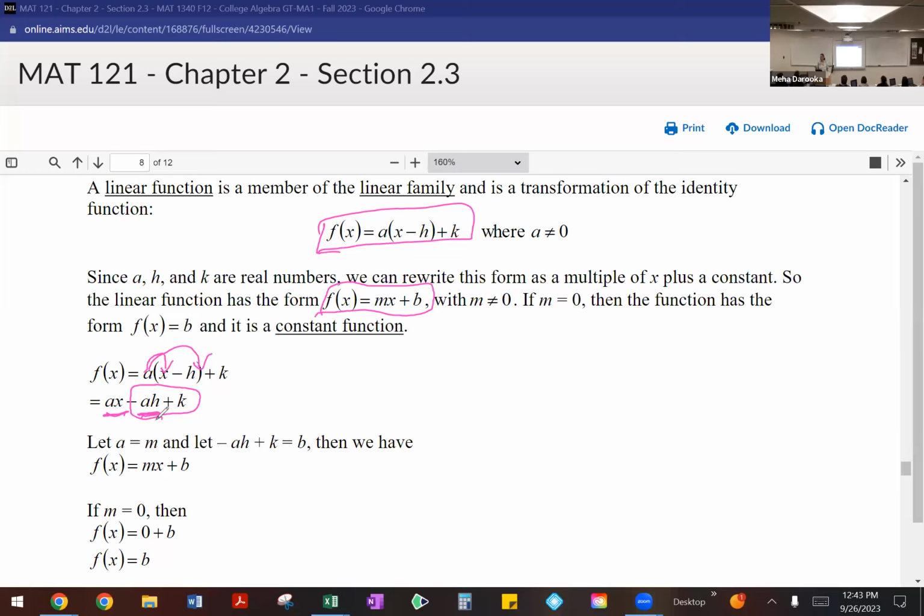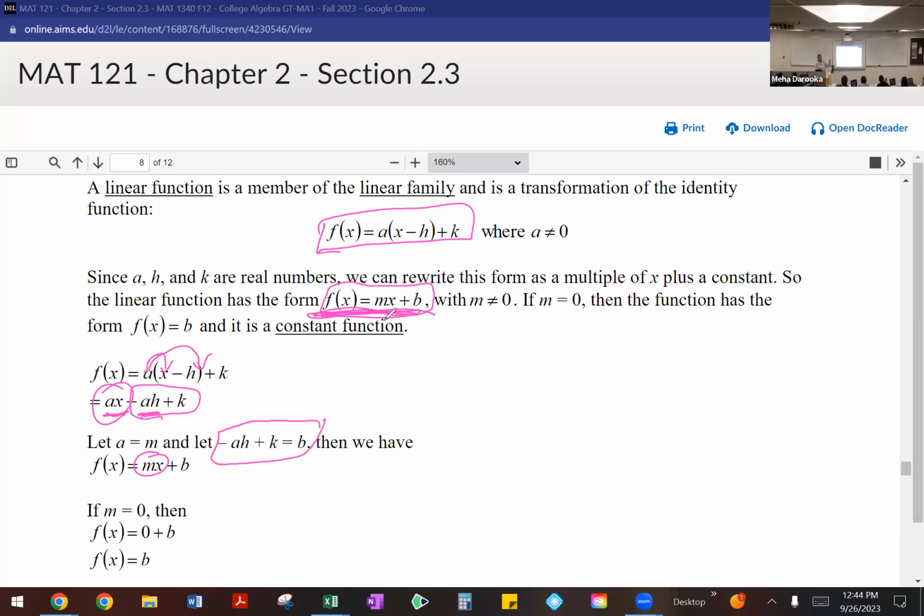So you multiply a times h, there's a negative on that, plus k, whatever those two numbers come out to be, they end up becoming our y-intercept value. And of course, ax is the same as mx. The a becomes your slope. And you can basically end up in a slope-intercept form of your equation.